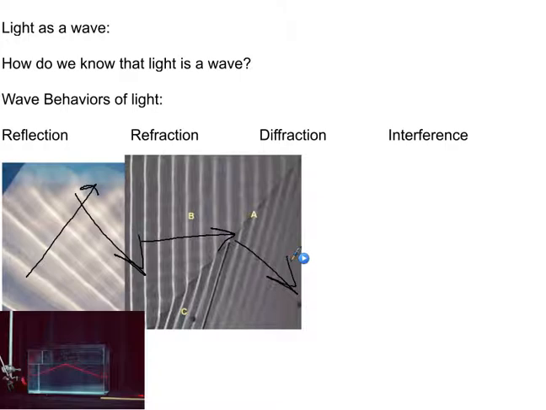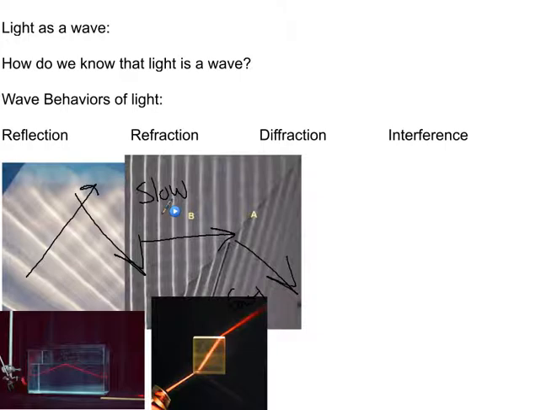What happens in refraction is when the waves go across that boundary from a slow material to a fast material, they bend, and it would do the opposite if it was traveling the other way, from a fast material into a slow material.